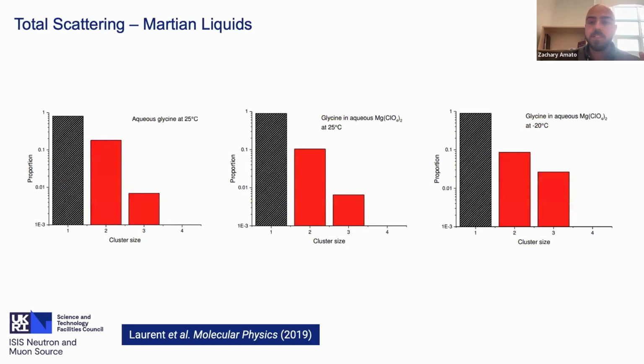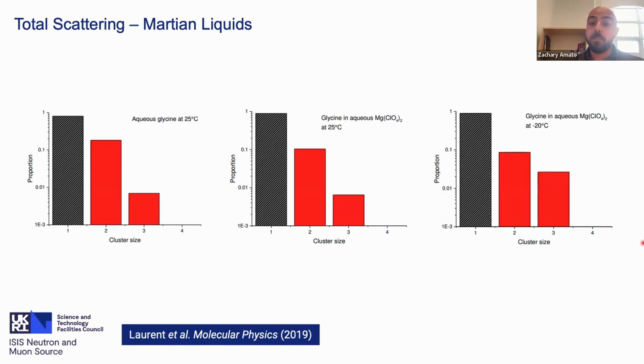They then went on to see what happens if we add an amino acid like glycine. Could that still self-assemble under these conditions? They found that, yes, although the magnesium perchlorate is disrupting the hydration and hydrogen bonding ability of the amino acid, it is still able to self-associate. And this seems to happen more readily at low temperatures.